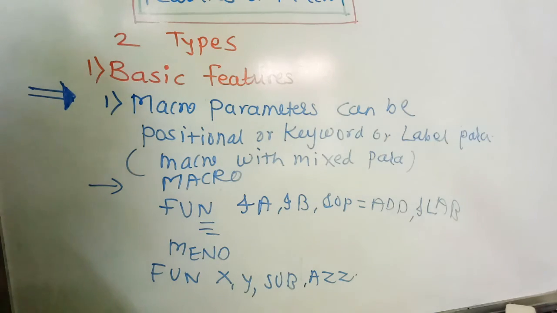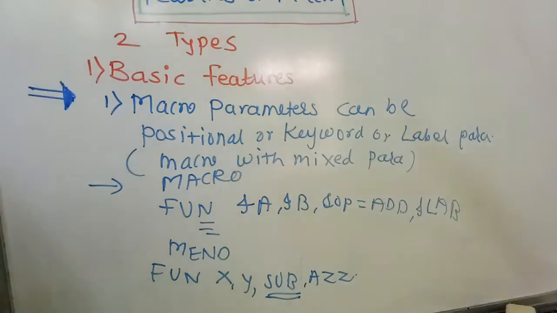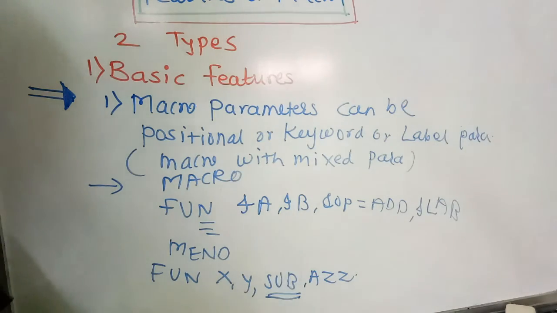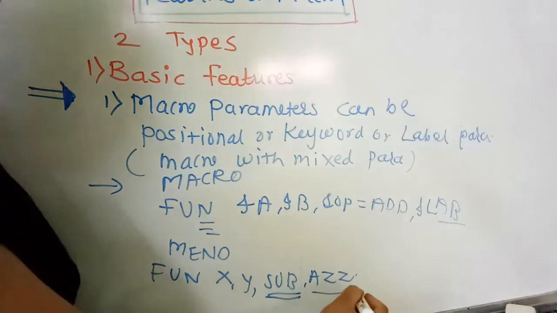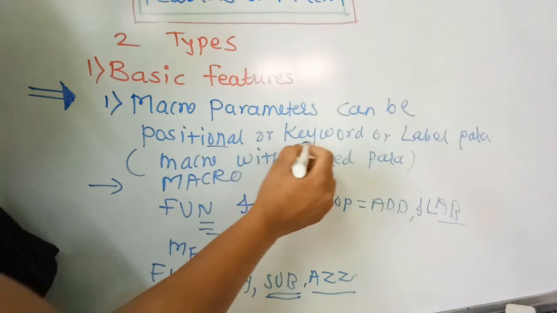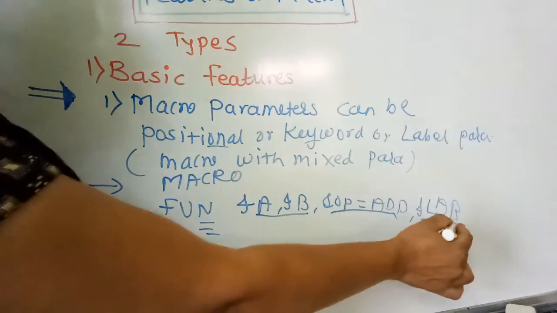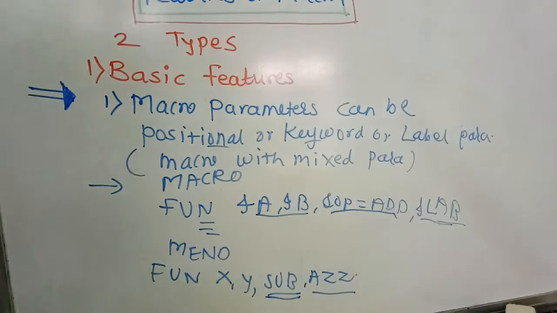But at the calling, it becomes subtraction. Its default value is add, but at the time of calling, it is given the value subtraction. And same like that, ampersand lab is the label parameter and its value is AJZ. So the macro parameters can be positional, keyword: these are the positional parameters, these are the keyword parameters and these are the label parameters.